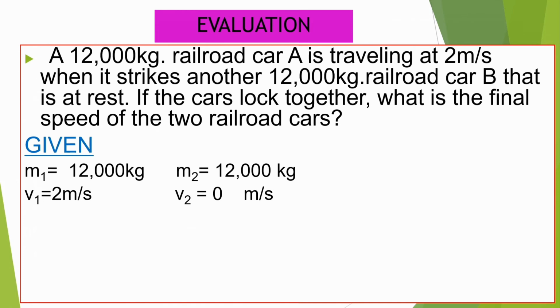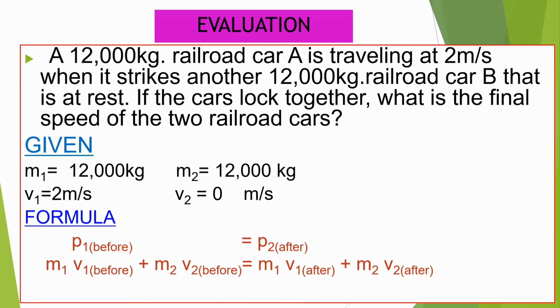So we have here the given: the mass and velocity of railroad car A, which is 12,000 kilograms and a velocity of 2 meters per second. And for railroad car B, we have a mass of 12,000 kilograms and zero velocity because it is at rest.